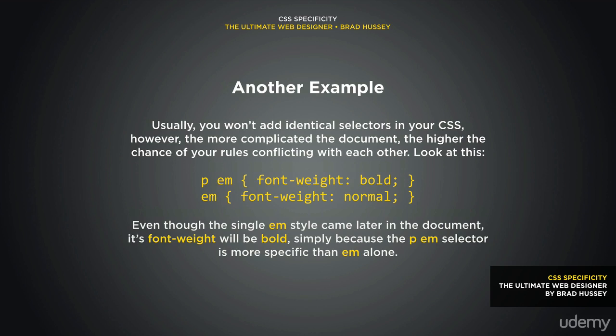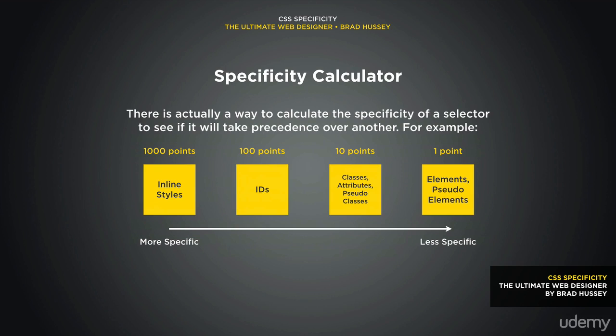And then after that, you're selecting an M tag and saying font weight normal. So what you think would happen is that the M would be font weight normal because it is further down in the style sheet. Even though the single M came later in the document, its font weight will be bold, simply because the P M selector is more specific than the M alone.